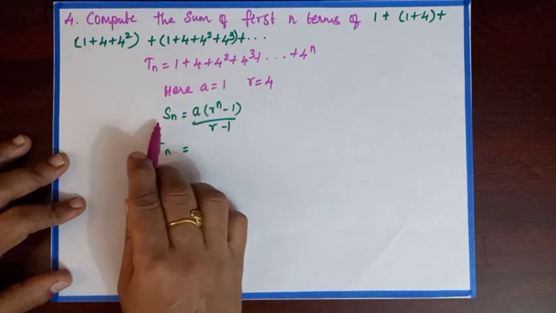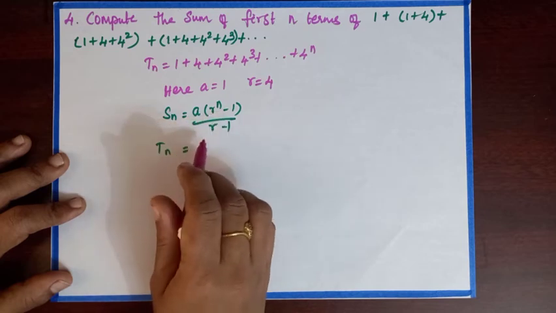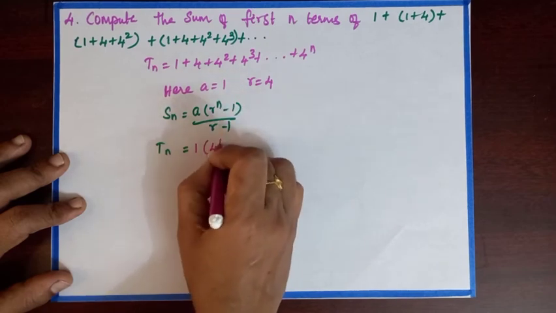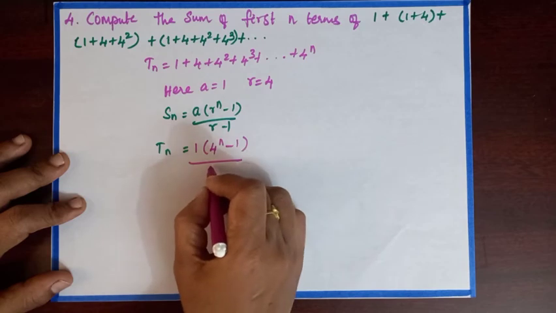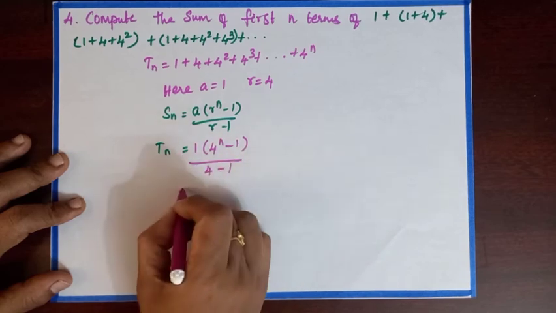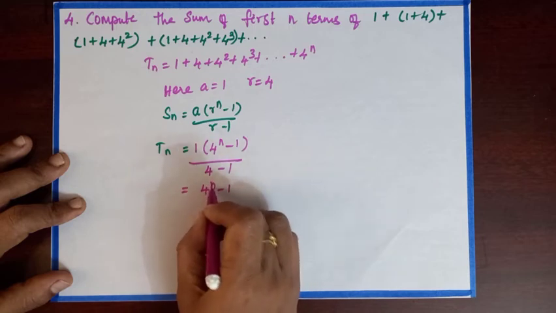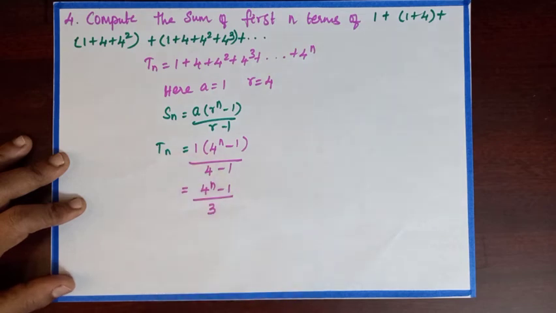The formula is Sn equal to A into R power n minus 1 by R minus 1. Here A value is 1. R is 4. 4 power n minus 1 by R minus 1. R minus 1 is 4 minus 1, which is equal to 4 power n minus 1 by 4 minus 1 is 3. Next, we need to find Sn.